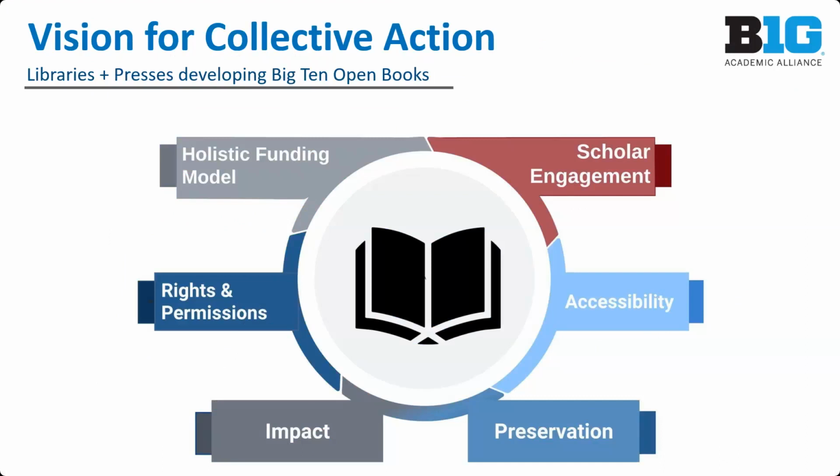Together, we have the necessary shared expertise to address them. Expertise that is complementary and allows for imagining solutions to find a sustainable funding model. Currently, our approach is a subscribe to open type model for books. Making the works discoverable and findable, a big focus of today's conversation.